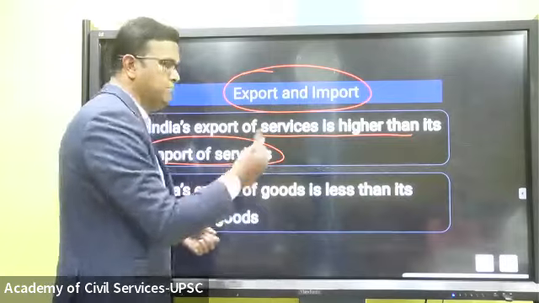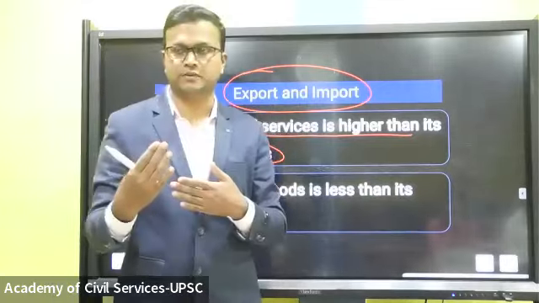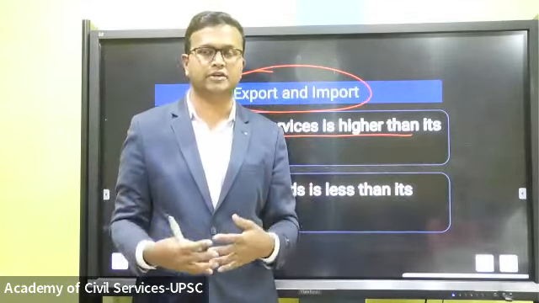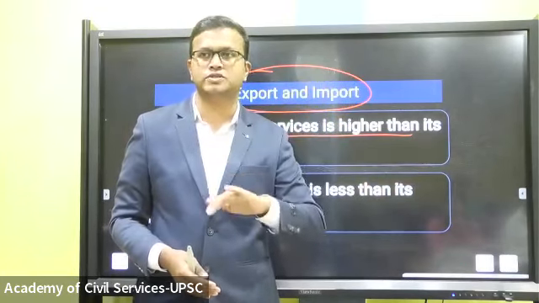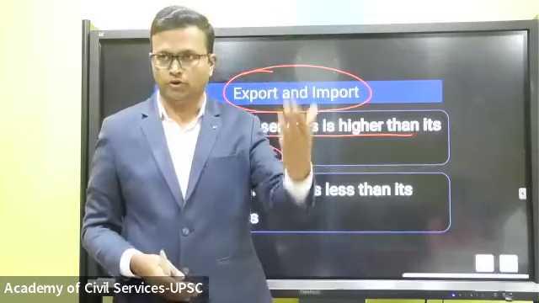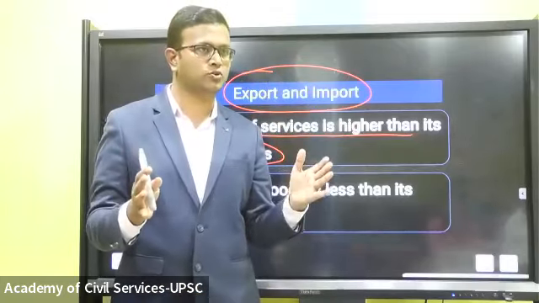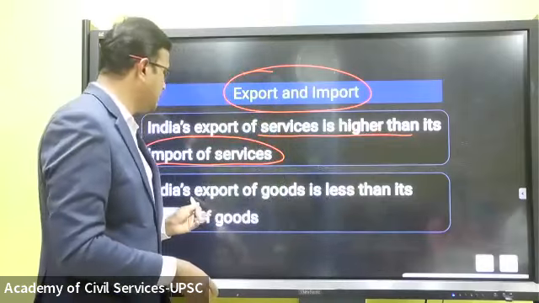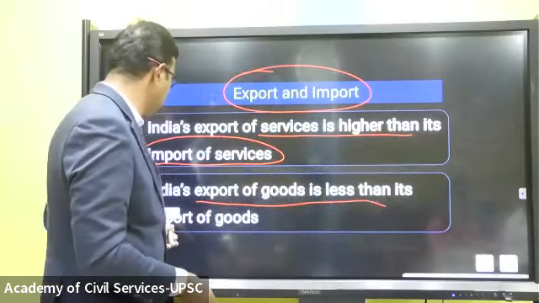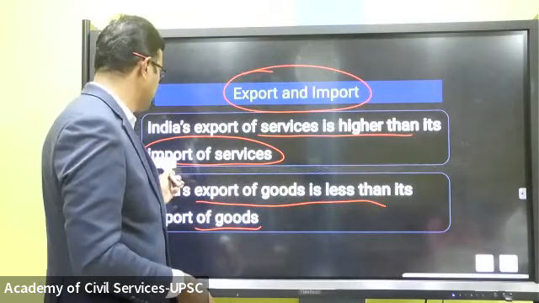At the same time, in terms of goods, the import of goods is higher than the export of goods. We don't export many goods, but we're importing too many items, especially from China. India's export of goods is less than the import of goods.